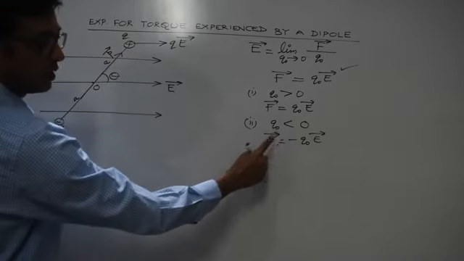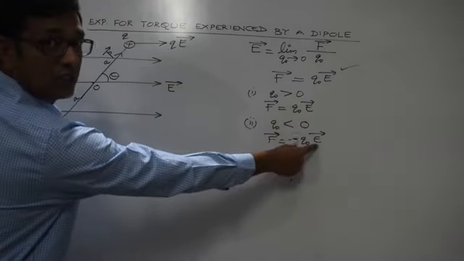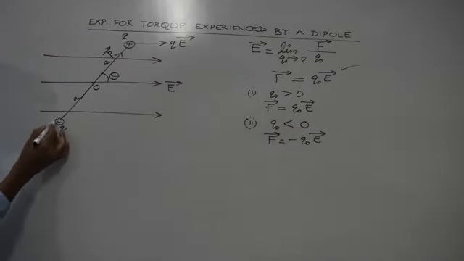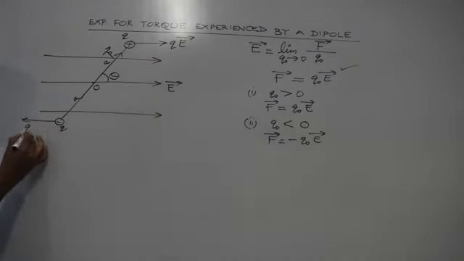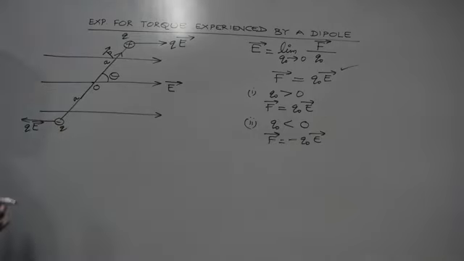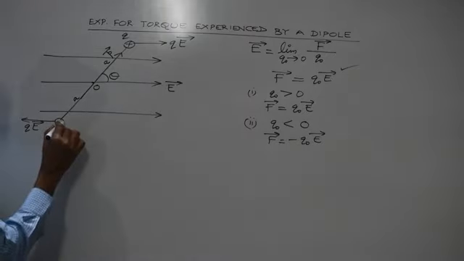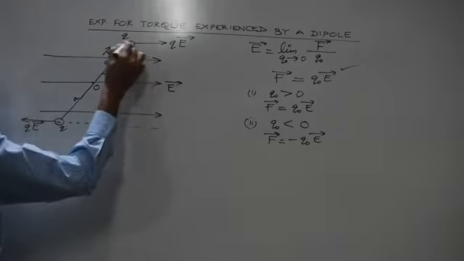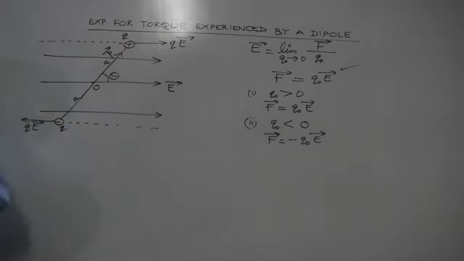A negative charge experiences force in a direction opposite to that of the electric field. So over here, it will be like this. Both the forces are of equal magnitude but opposite directed. And their lines of action are also different. This force is acting along this line, while this force is acting along this line. So they have different lines of action.